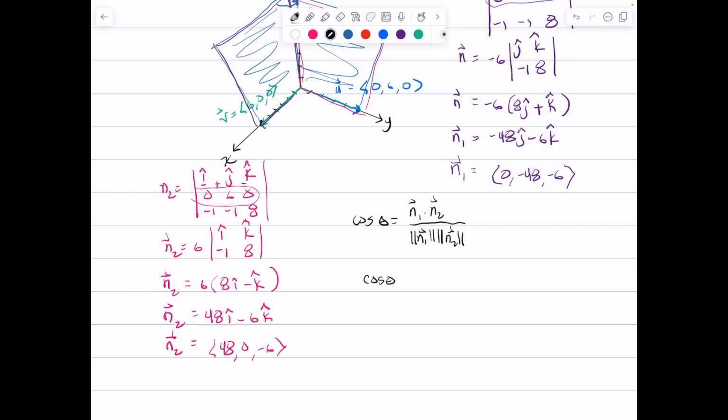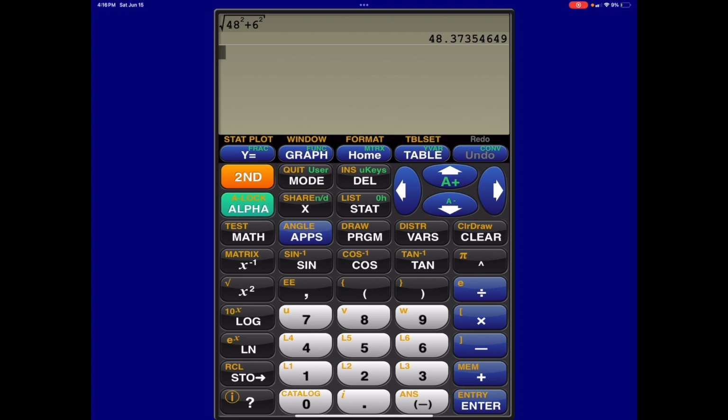And so cosine theta will be, for the dot product, for that first one we had 0, negative 48, negative 6, dot 48, 0, and negative 6, over, let's make it easy for ourselves.